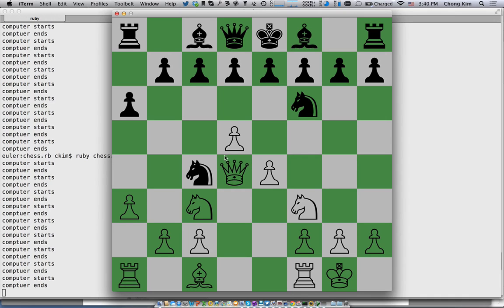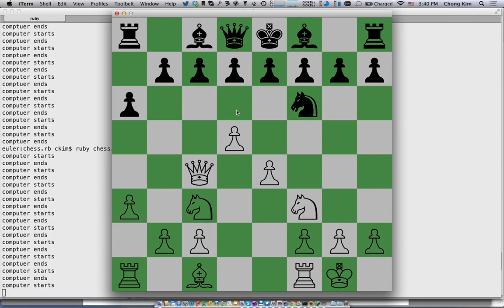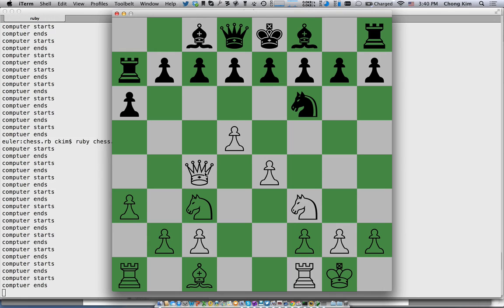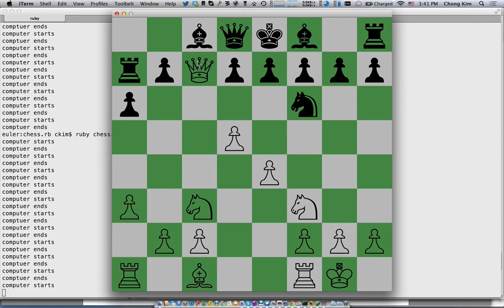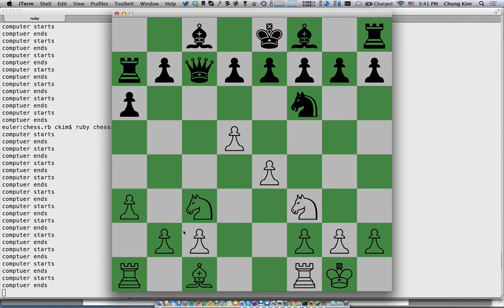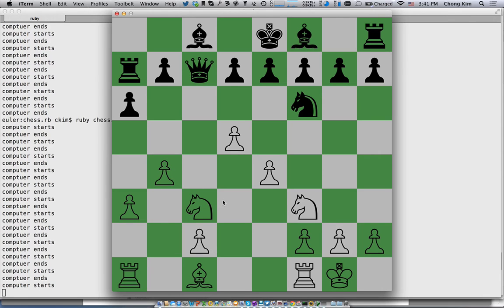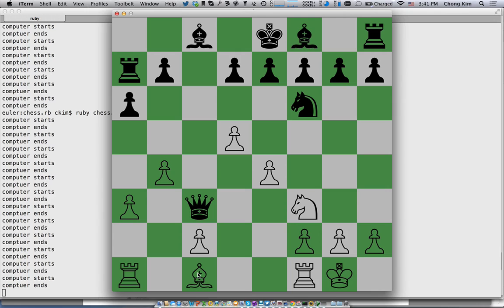Let's see. It avoided the rook being taken because it chose the rook over the knight because the rooks are more valuable. Okay, I'm going to lose my queen now, and now this queen is going to come out. Great. So I'm hanging my knight. Okay, it took my knight.